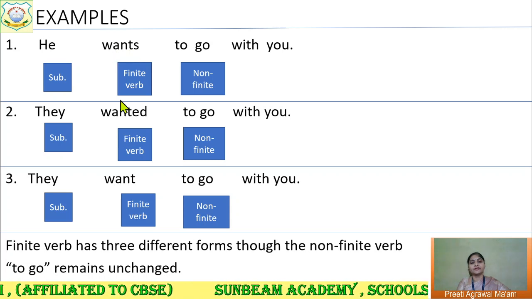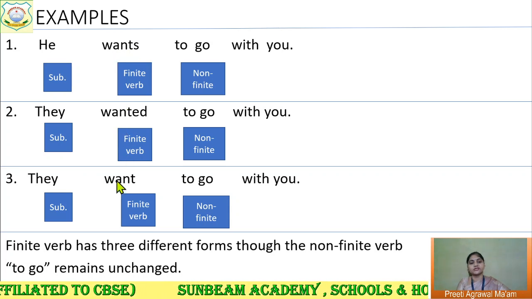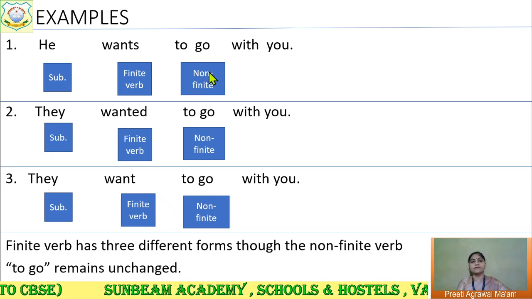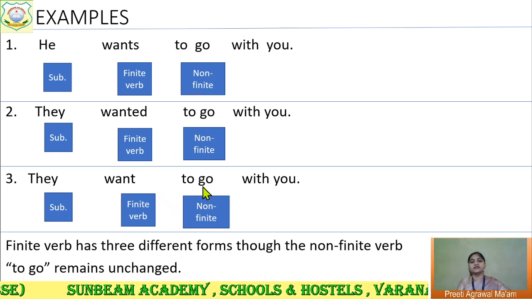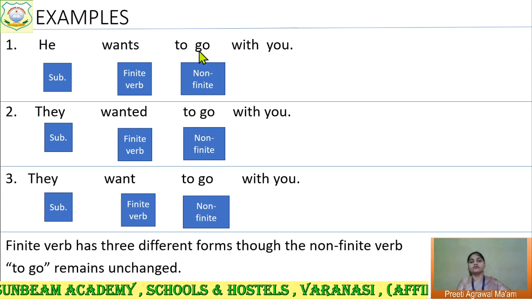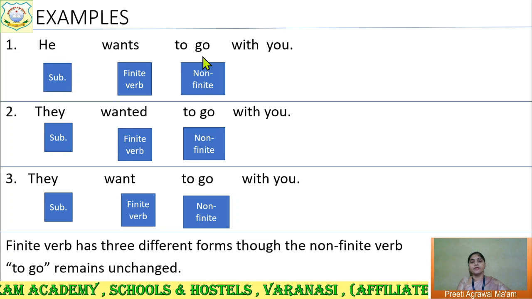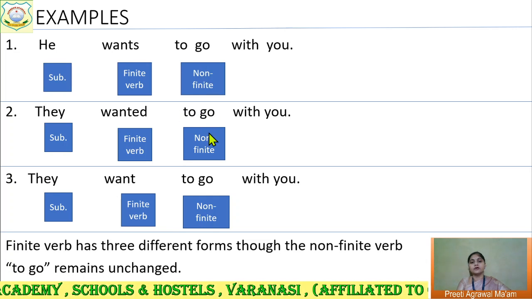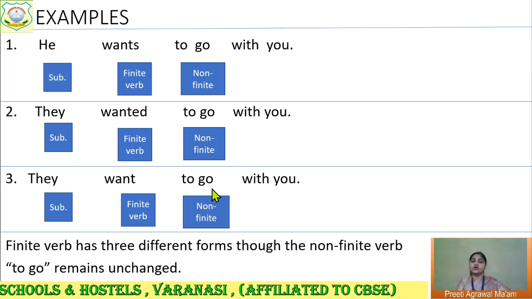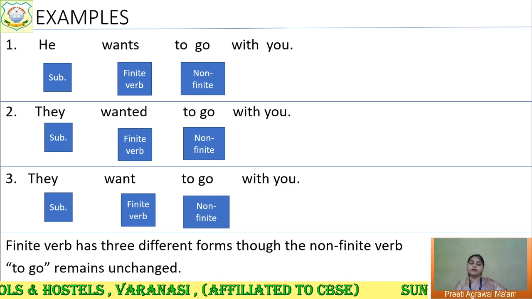This is simple present, this is simple past, and again this is simple present. But non-finite verbs remain unchanged. There is no change in non-finite verbs. To go, I have used to go here also, and here also, and here also. There is no change in non-finite verbs.